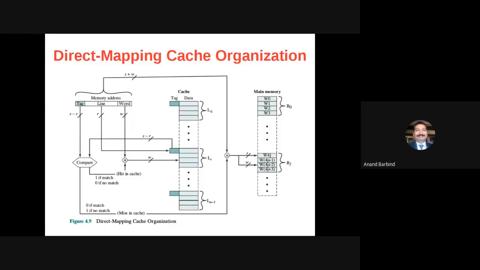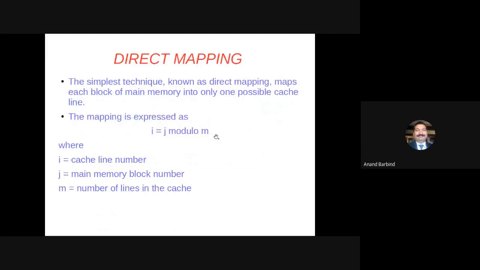As we discussed, in direct mapping a very simple formula is used, that is I is equal to J modulo M, where I is the cache line number. There are a number of lines in the cache, so in which particular line a block is to be transferred can be obtained in this fashion.